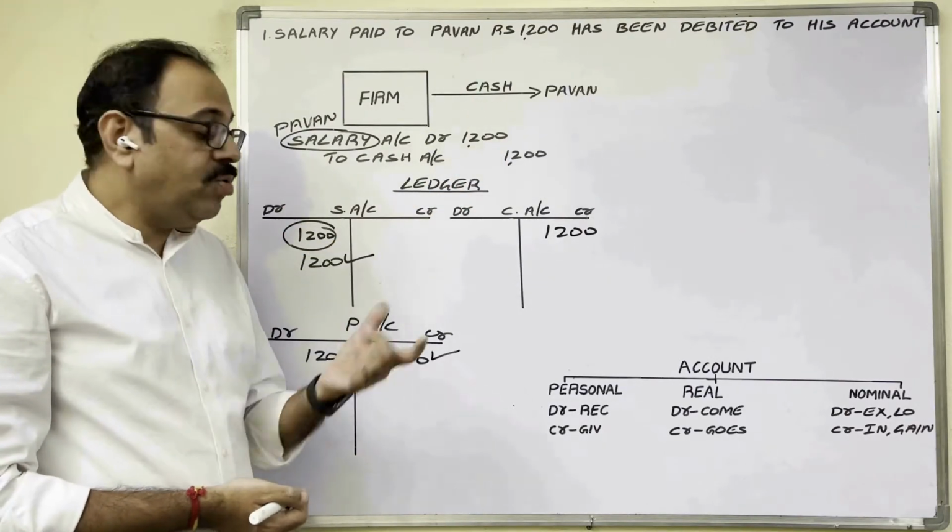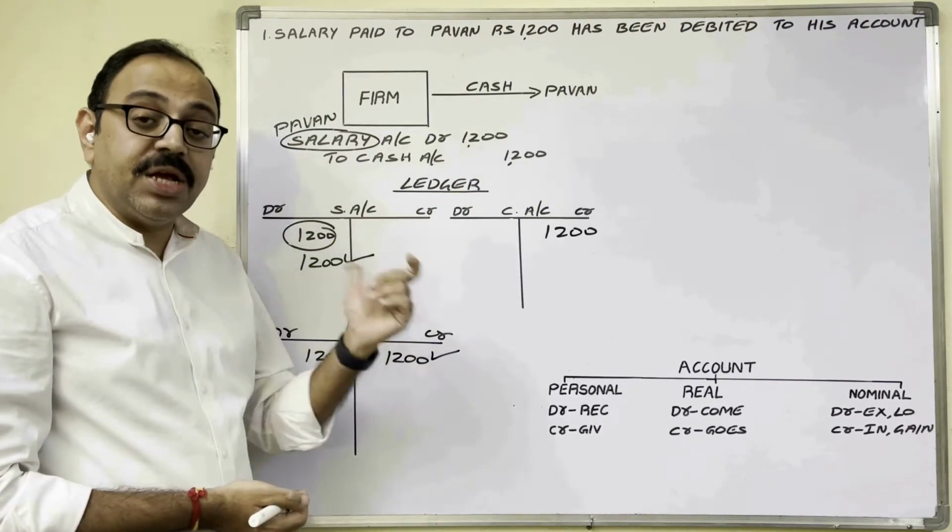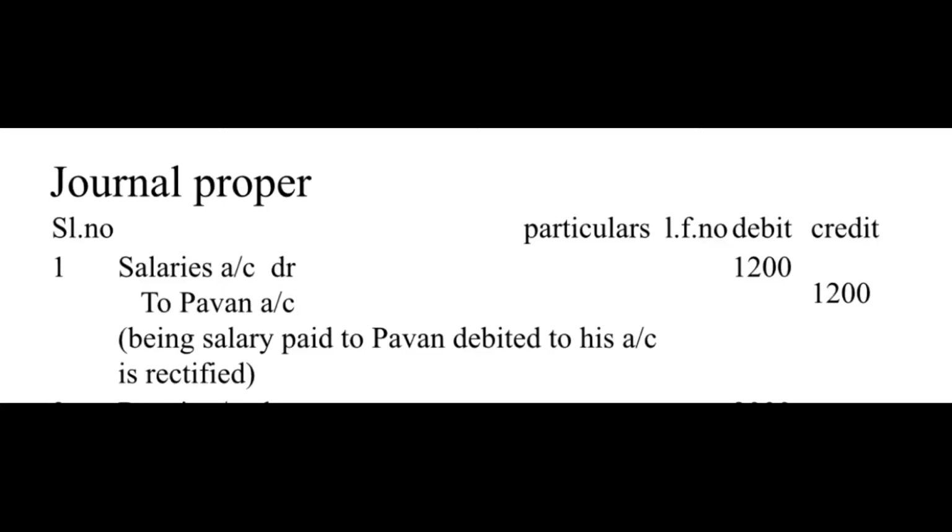Let us see how this rectification of error entry appears in journal proper. In journal proper: serial number, particulars, LF number, debit and credit. Salaries account debit to Pavan account, 1200 rupees, 1200 rupees. Narration: being salary paid to Pavan debited to his account is rectified.